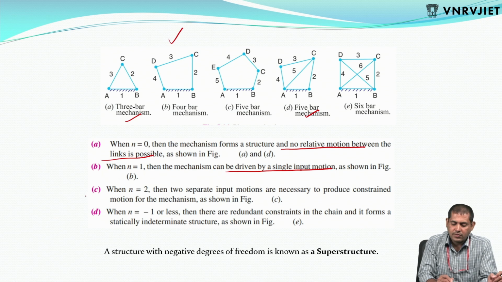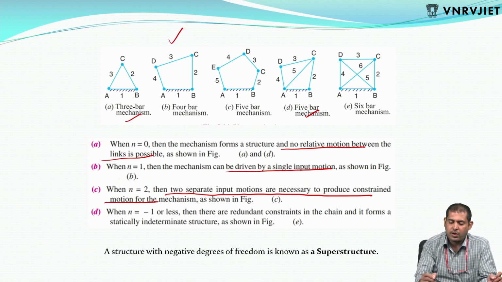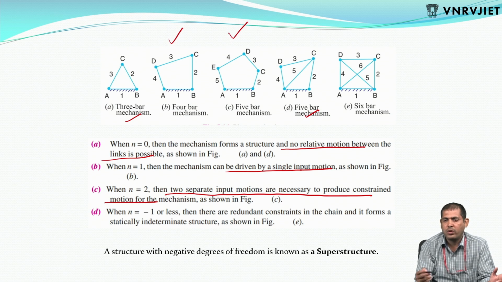Now in condition C, two separate inputs or motions are necessary to produce constrained motion. Why? Because if there is one rotation motion, different outputs are produced. It means two inputs are required to produce one output. If there is one input, there are two outputs. Then we restrict with the help of two inputs. We apply two inputs, then one output is produced.